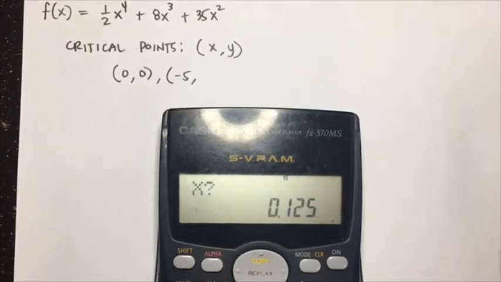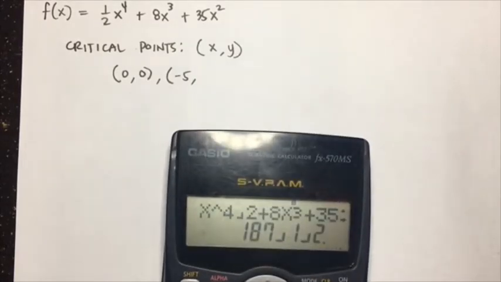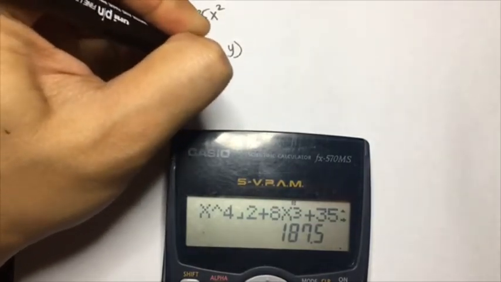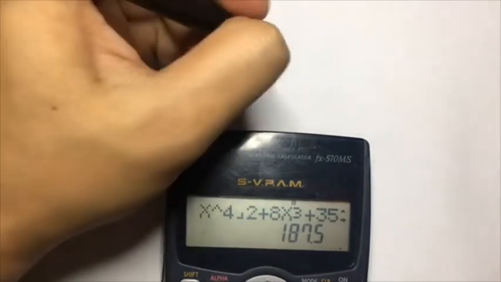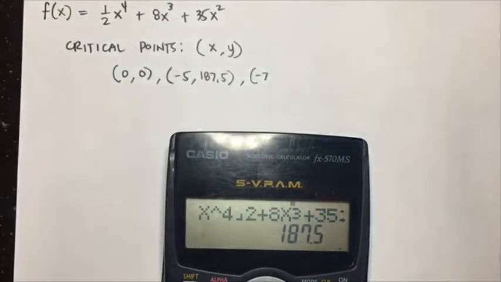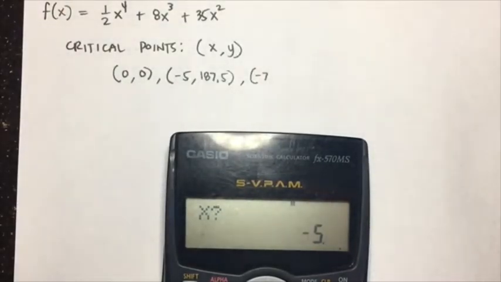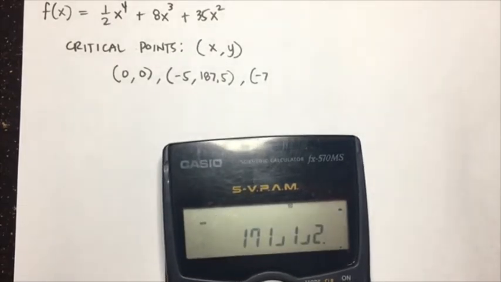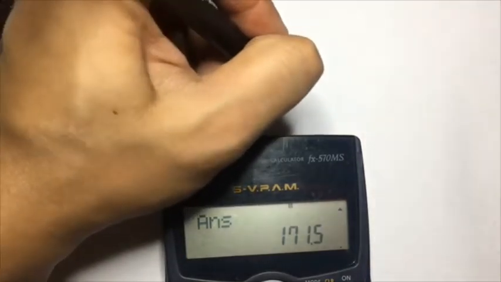So calculate if x is equal to negative 5. This is 187.5. How about at negative 7? It's 171.5.